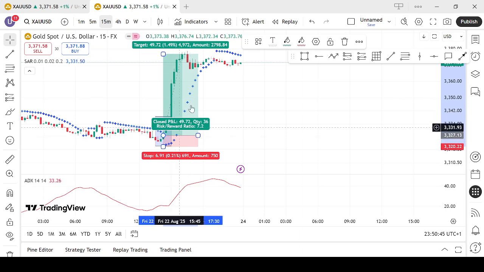As you can see, when price switched at this area, it shows that price was about to stall before it reversed. This simple exit strategy allows you to capture the majority of trends while avoiding the common mistake of holding positions for too long.